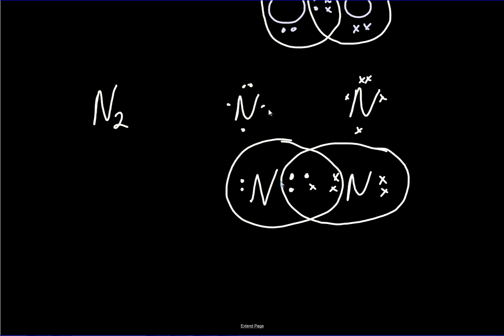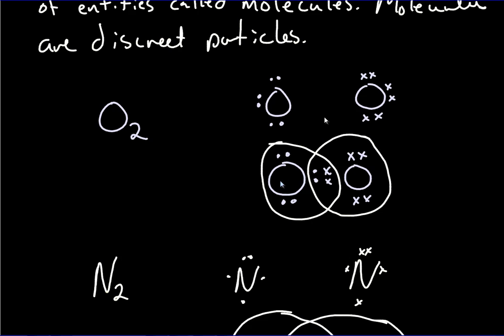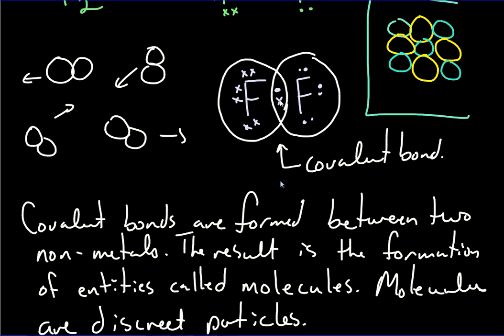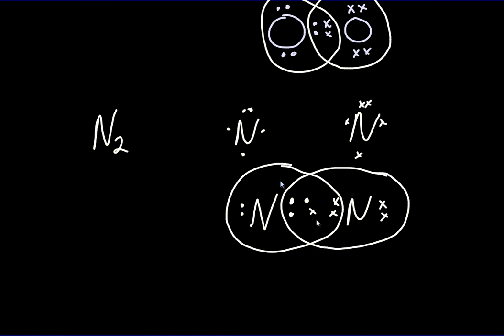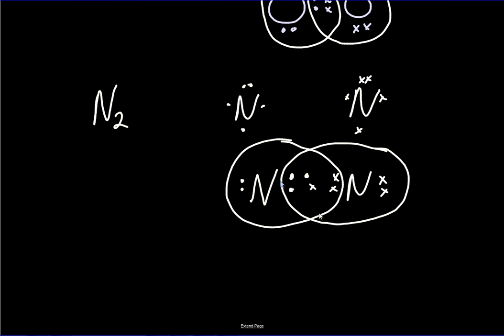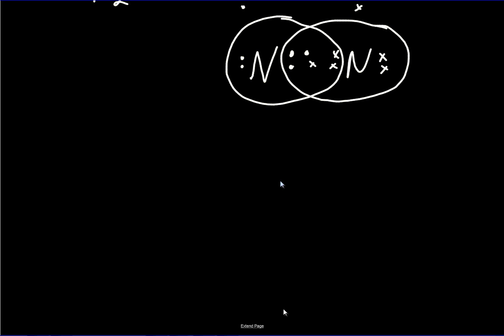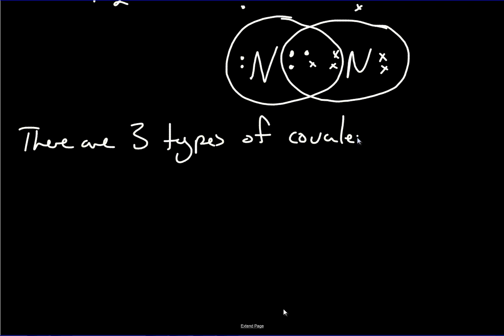What I want you to notice is a couple of things. The first is that we always share in multiples of 2. This is called a single covalent bond. This is a double, and this is a triple. So I'm going to write a note about that. There are 3 types of covalent bonds.